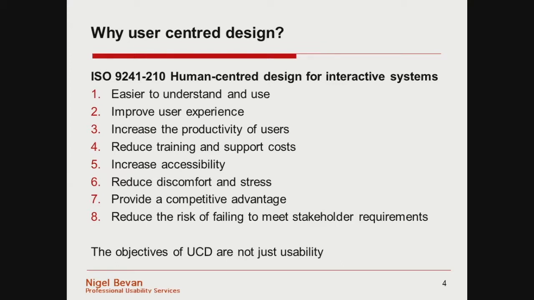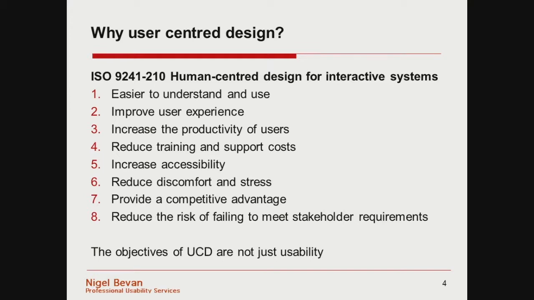Benefits that one can offer: producing systems which are easier to understand and use, to improve the user experience, increase the productivity of users, reduce training and support costs, increase accessibility, reduce potential discomfort and stress from using bad systems, provide a competitive advantage to a company in the marketplace by having systems with higher usability, and to reduce the risk of failing to meet the key stakeholder requirements when you're developing a system by paying attention to users and other stakeholders. So those, I think, is a good overview of the rationale.